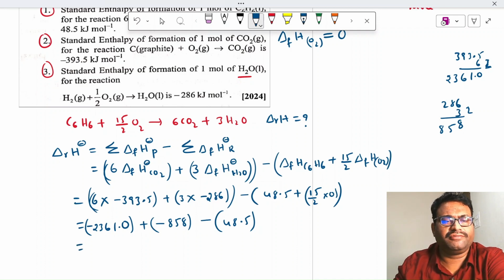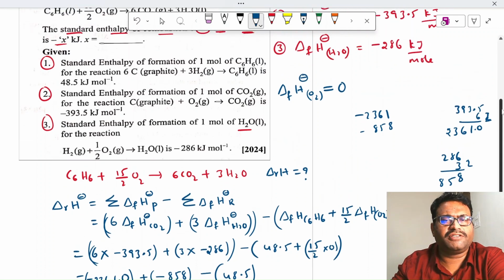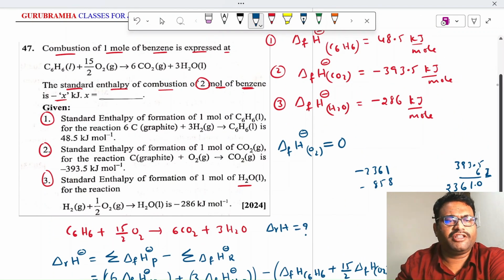Then calculate it: minus 2361 minus 858. Is the enthalpy of formation given as minus or plus? It is plus.